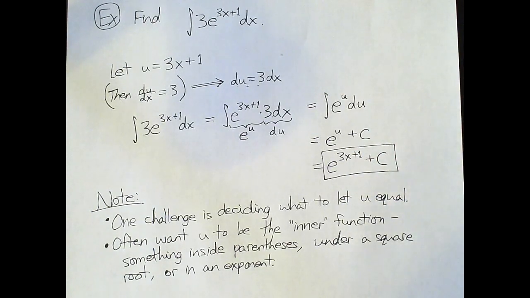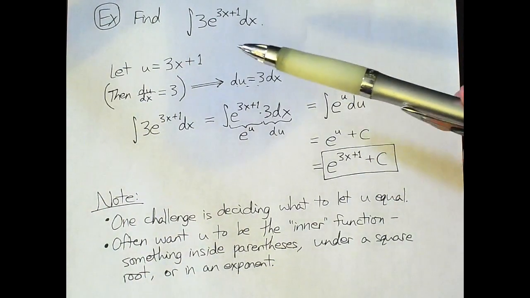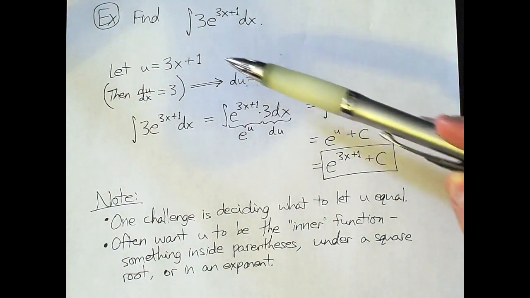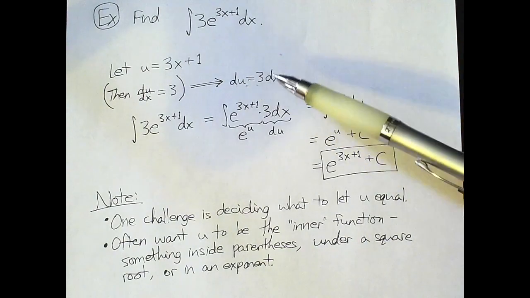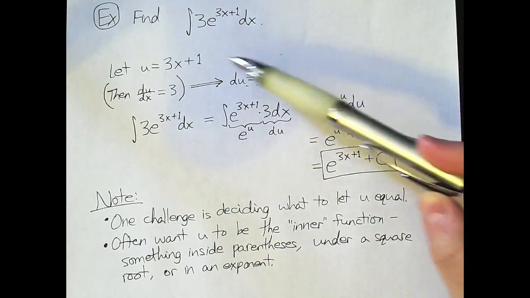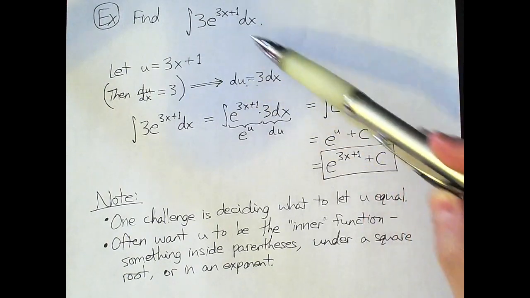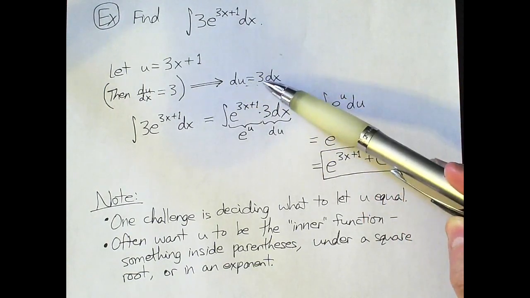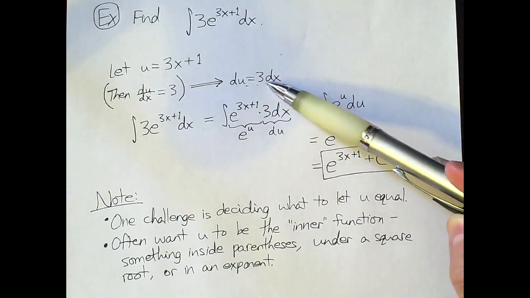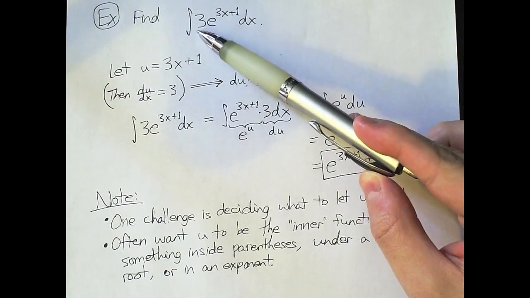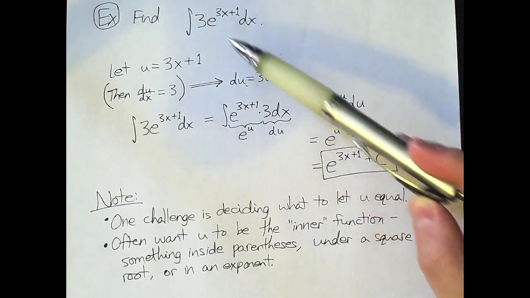But really, if you think about it, why does it work out? It works out because the u that we chose is easy to differentiate. But not only that, the u that we chose, its derivative appears in the original problem. That's important.